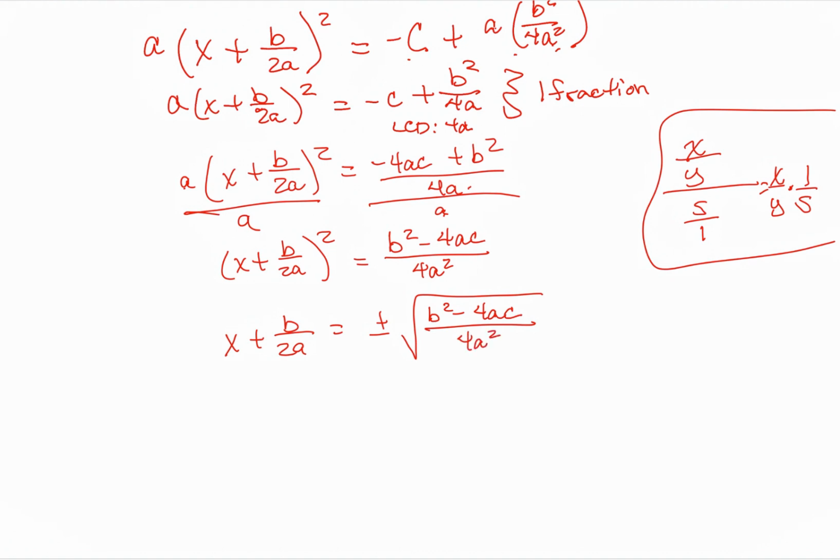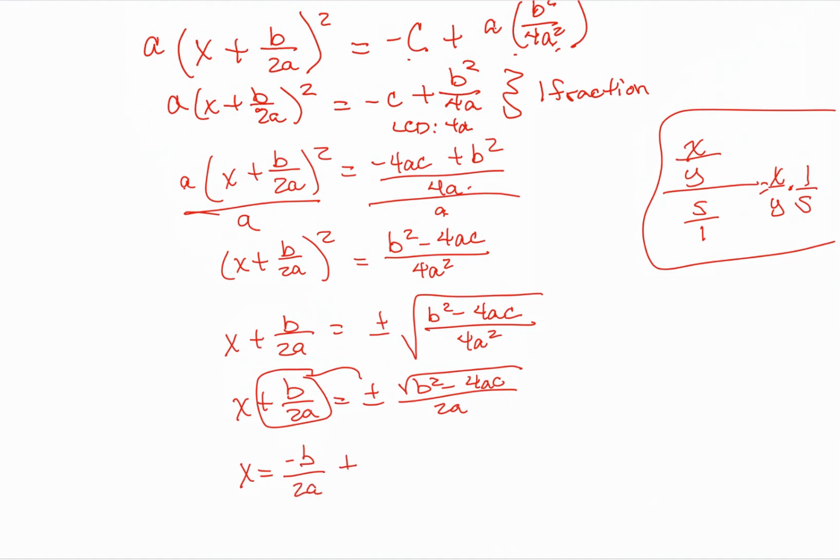Well, I can take the square root of the denominator, so I get x plus b over 2a equals plus or minus the square root of b squared minus 4ac all over 2a. Pull this term to the other side, so I get x equals negative b over 2a plus or minus the square root of b squared minus 4ac all over 2a.